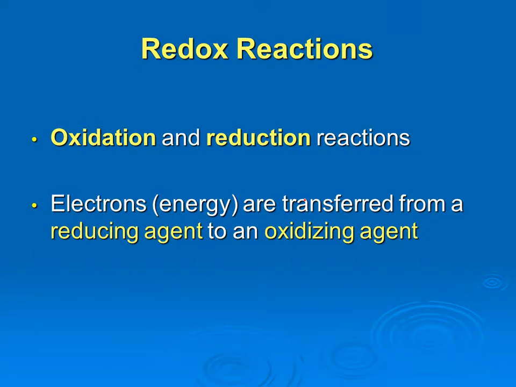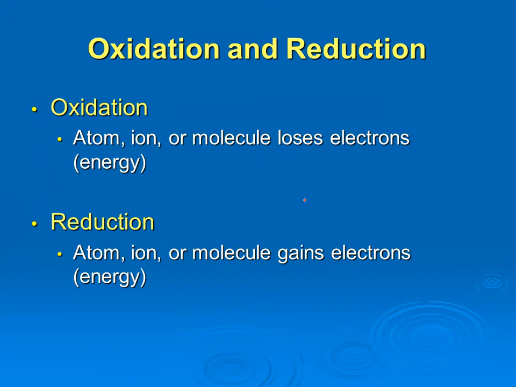For now, know that one thing to remember is that oxidation is actually losing electrons, reduction is gaining electrons. So whenever something loses electrons, then you're dealing with an oxidation type of reaction. If it gains electrons, you're dealing with a reduction type reaction. And there's those definitions for you.